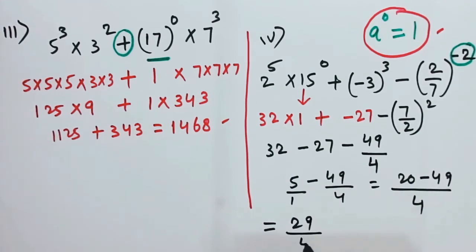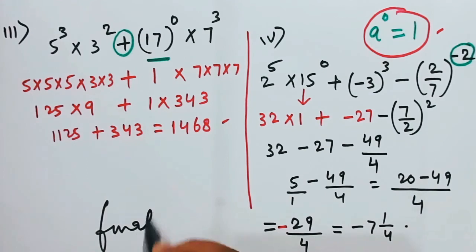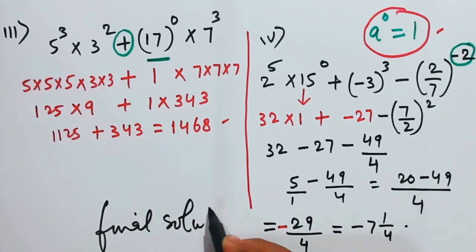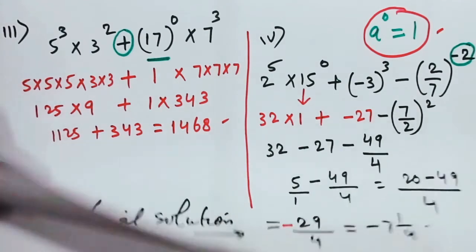Is it 29 by 4? No, it is minus 29 by 4 because you are subtracting a bigger number from a smaller one, which will give you minus 7 1 by 4 as your final solution. Happy? Next, number 4.